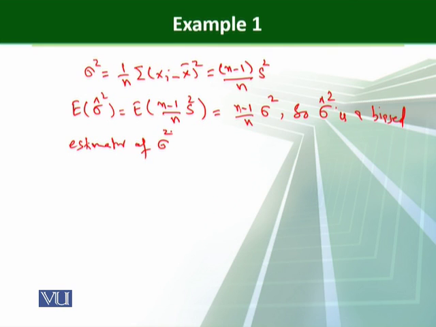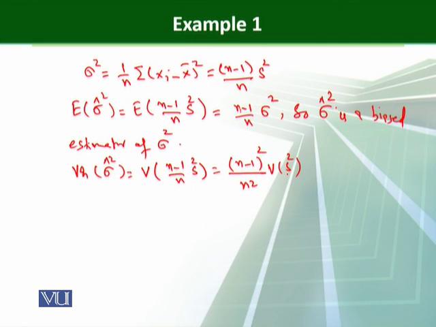We can calculate its MSE. First, the variance of sigma hat square is the variance of n minus 1 over n S square. Because these are constant terms, n minus 1 whole square over n square comes out, times the variance of S square.